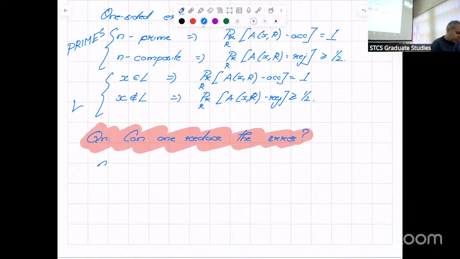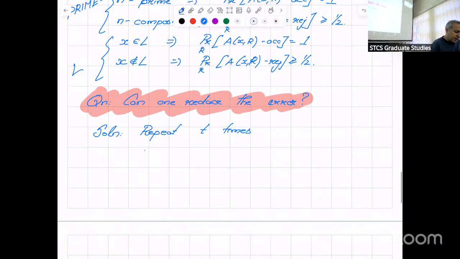And one solution is just to repeat, say, t times. So A_t is the algorithm which picks random points r1, r2, ..., rt.